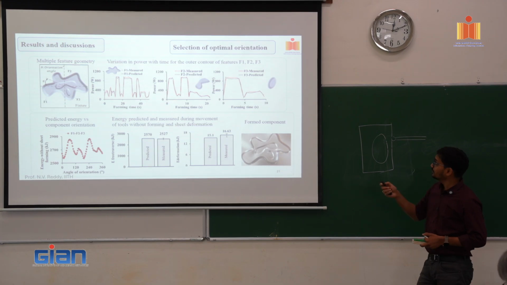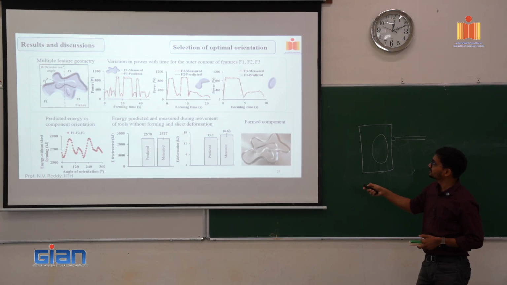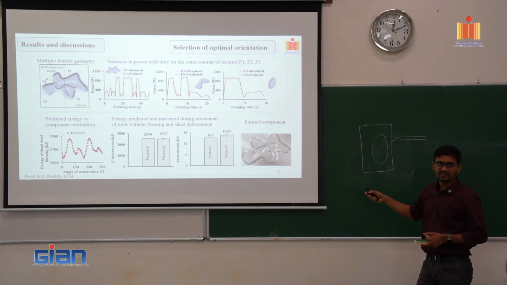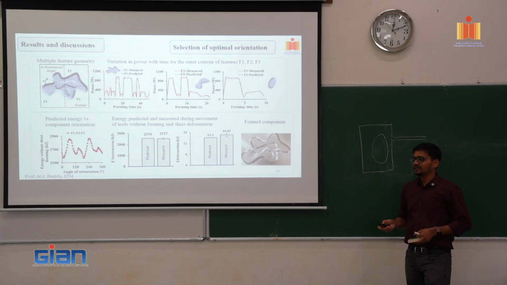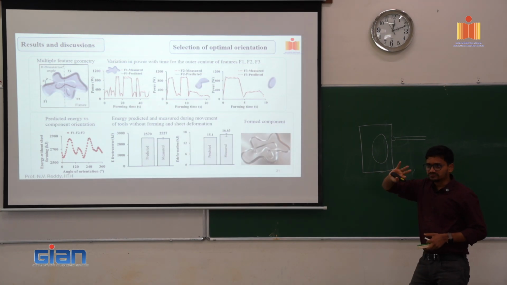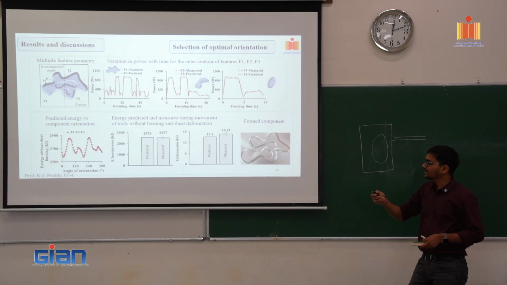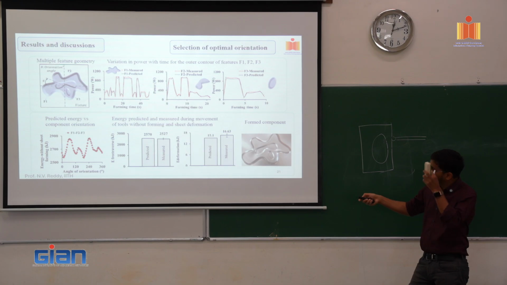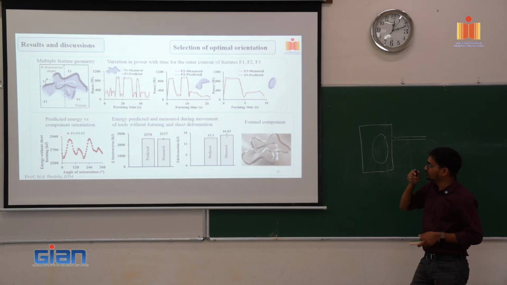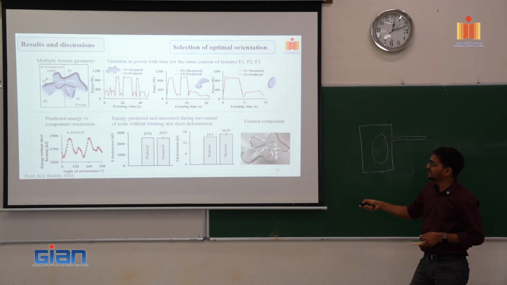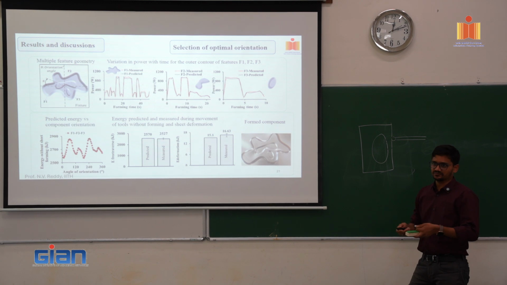One way to do this is by selection of the optimal orientation. If you have a part and you just change the orientation, if you make it vertical from horizontal, then it has been found that there is a significant change in the energy consumption.